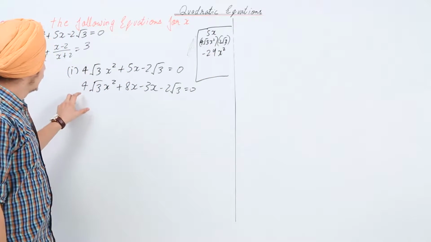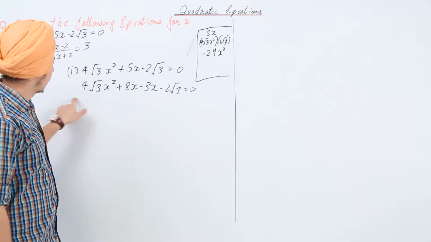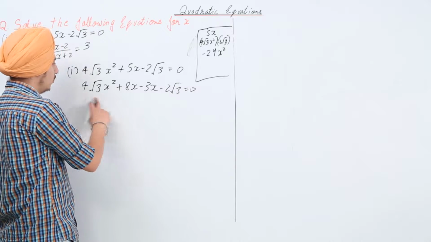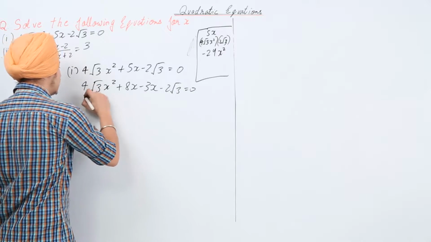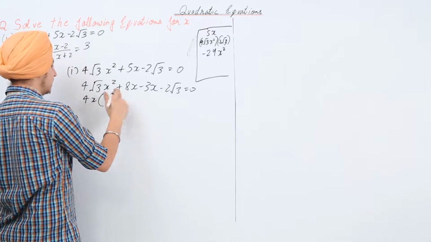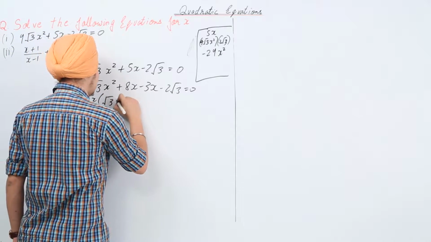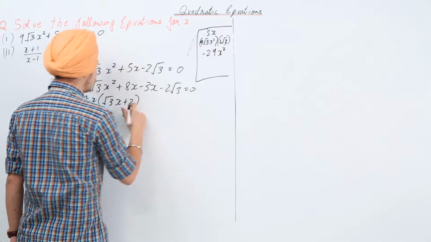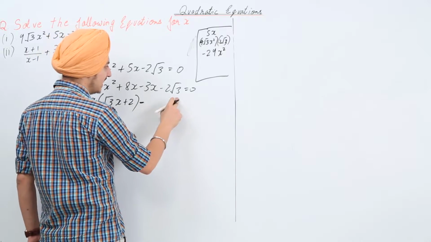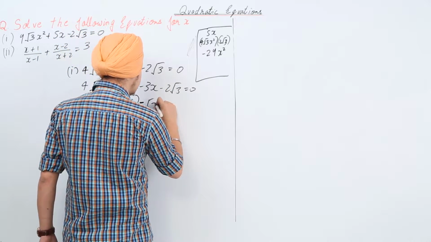So now we have this equation. What do we do now? We take something common from these two, and then take whatever is common from these two. So what is common in these two terms? That is 4x. So if we take 4x common from this, we get root 3x plus 2. Am I right? Minus, what do we take common from these? We take root 3 common.